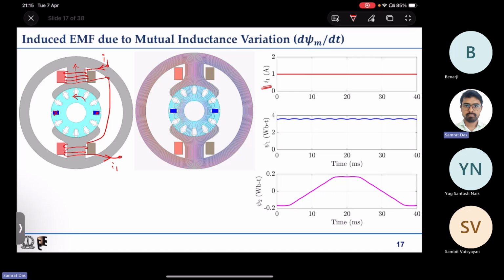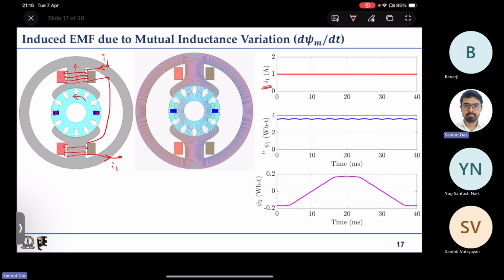Even if the rotor rotates, you can see that the flux linking the first coil remains more or less constant. The blue waveform shows the flux linkage of coil 1, which remains more or less constant. Why that small jitter is there, we will come to that.